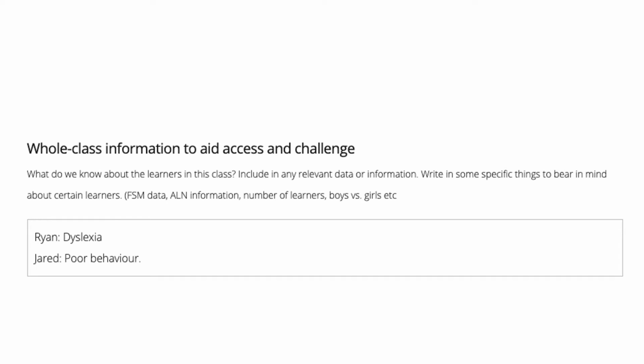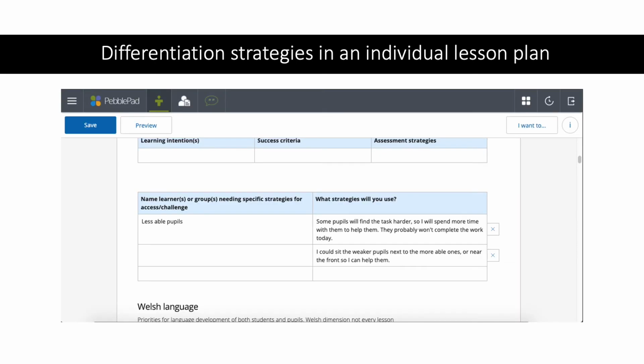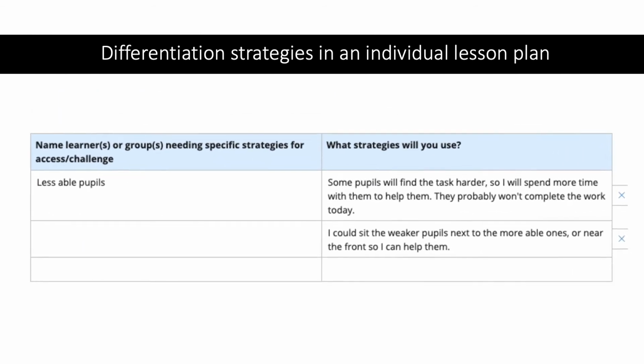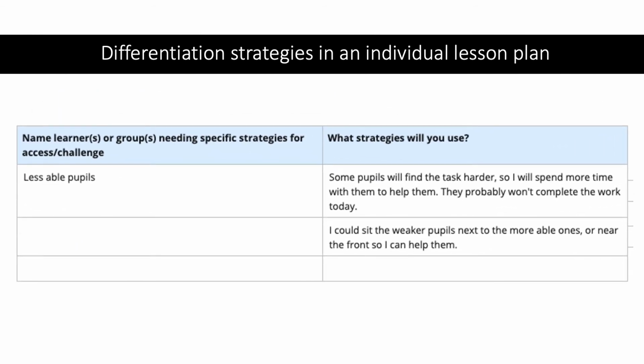No. And crucially, what a student teacher should be doing once they've identified that important data in that top box is then using it, drawing upon it in the stream of lessons that follow. And what we notice when we look at this particular student teacher's individual plan is that they haven't even mentioned these 2 individual pupils, the dyslexic pupil and the one with poor behaviour, in their individual lesson plans.